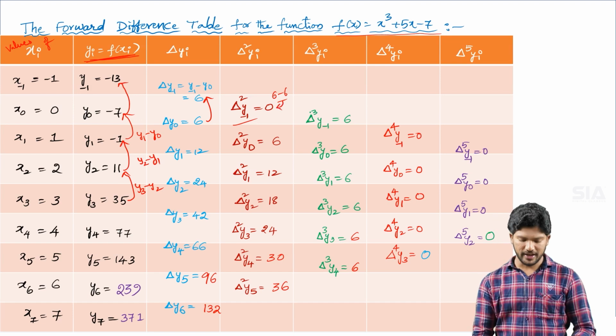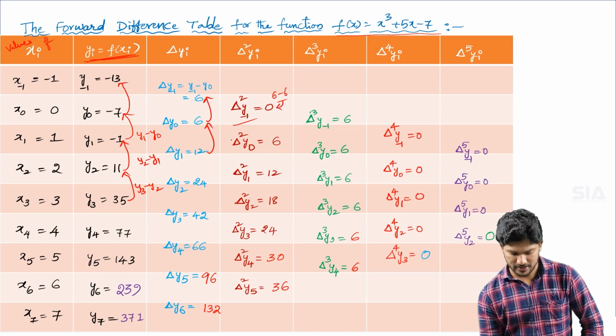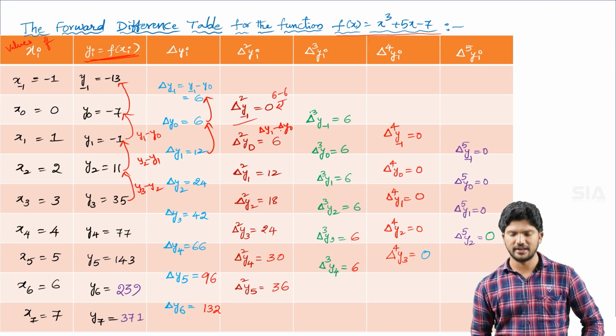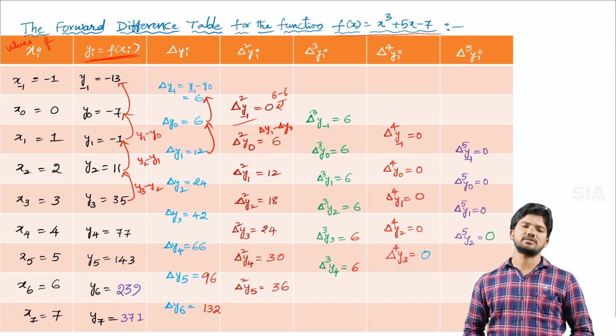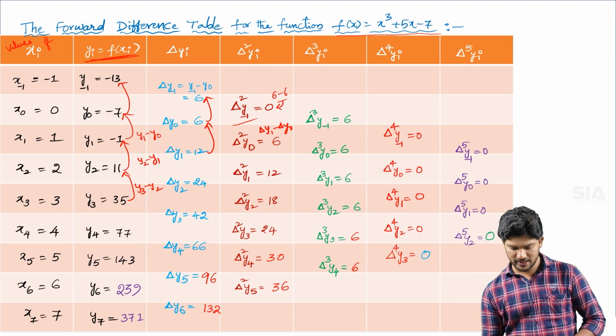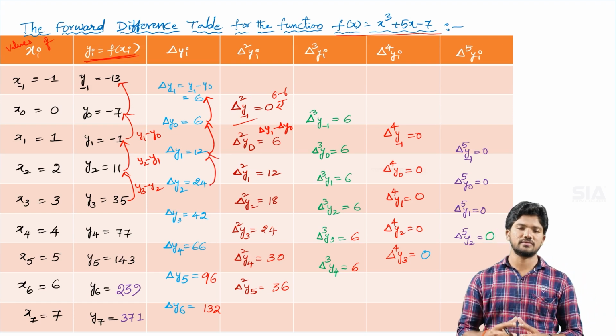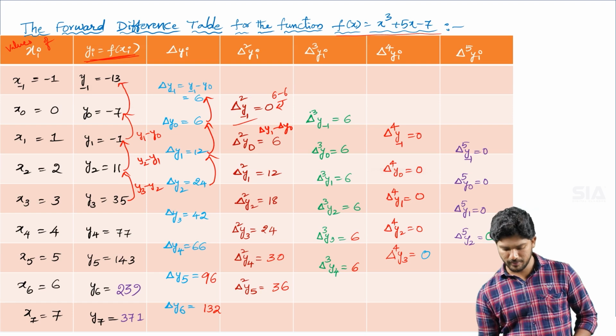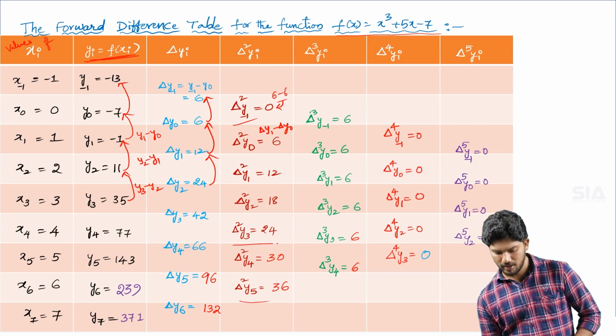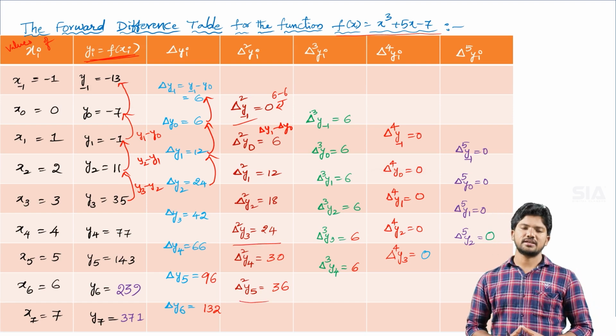Next, delta square y0, 12 minus 6, that means delta y1 minus delta y0, is equal to 12 minus 6, which is 6. Next, delta square y1 is 24 minus 12, which is equal to 12. In this format you will get each and every value up to delta square y suffix 3.